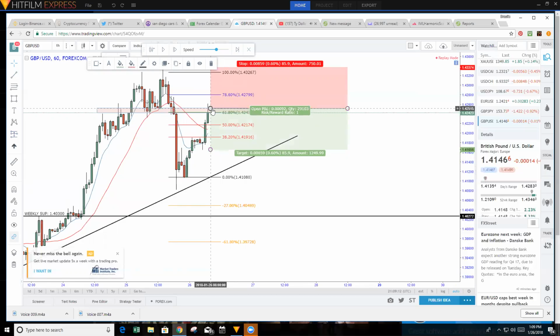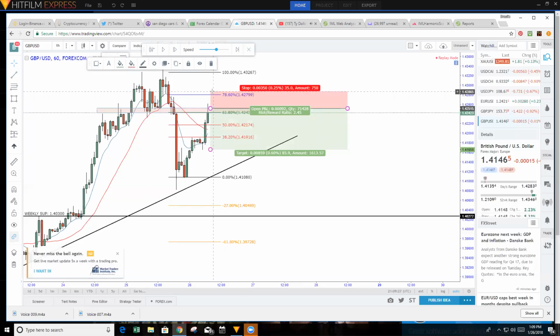It was at 142.518 was my entry, so like right around there. And our stop loss was at 142.869. It was here, like 142.865, 142.860, right around here.